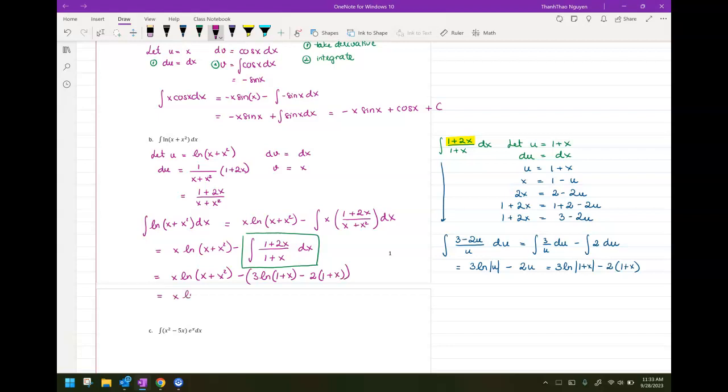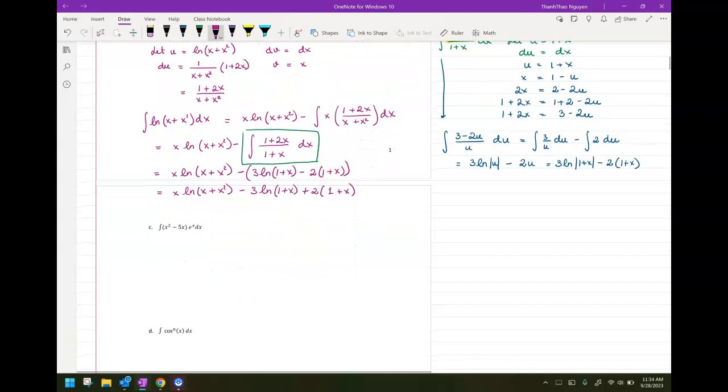So x times ln of x plus x squared minus 3 ln 1 plus x plus 2 times 1 plus x. So here, to solve this integral, we use integration by parts and a u substitution.